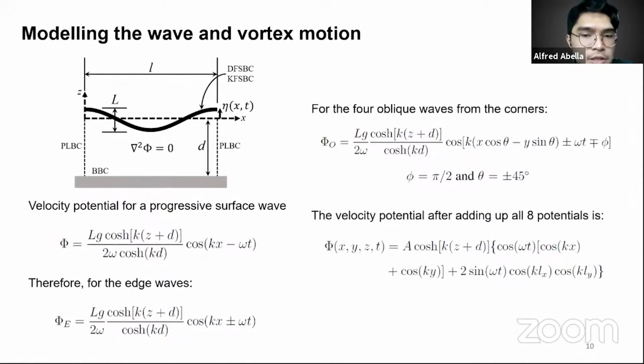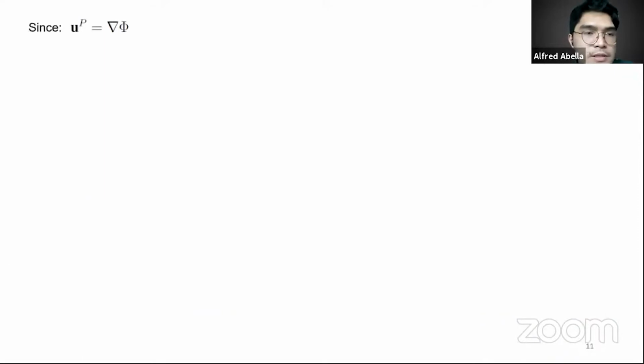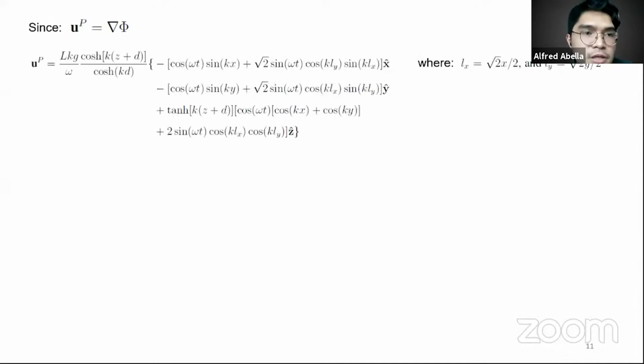Therefore, the velocity potential after adding up all the 8 potentials, meaning the 4 edge waves and the 4 oblique waves, is this, where these are the given quantities. Now, since the velocity field is just the gradient of the velocity potential, we can get this.